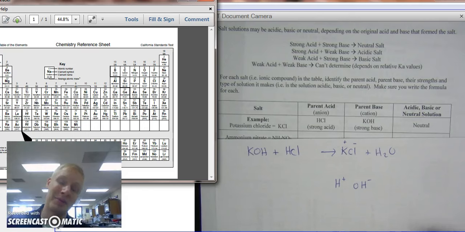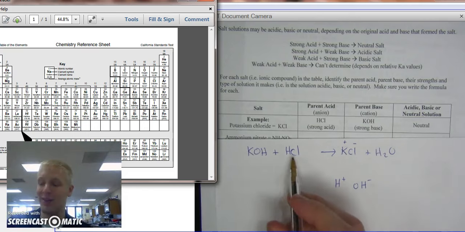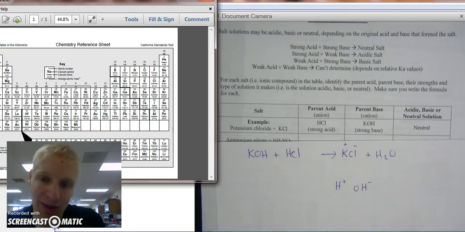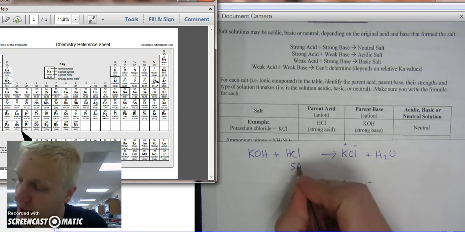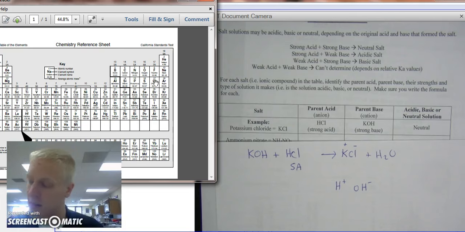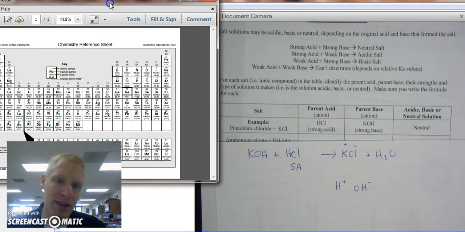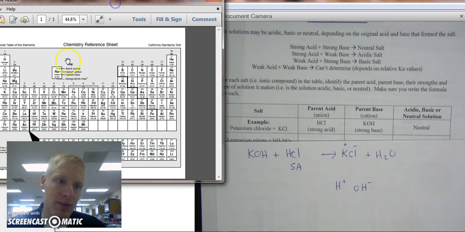Alright, now we have to remember whether this is a strong acid or a weak acid. How did we do that? So HCl, chlorine, bromine, iodine, remember, are the three halogens that form strong acids, whereas fluorine forms a weak acid. So HCl is definitely a strong acid. I'm going to write SA for strong acid. And KOH, potassium's right here in the first column.